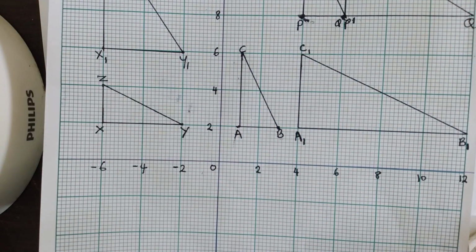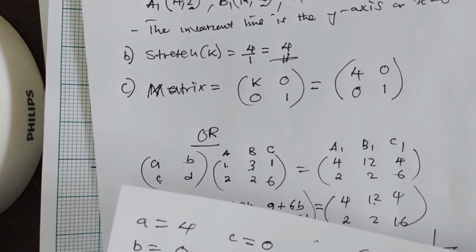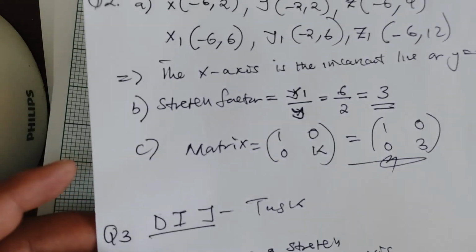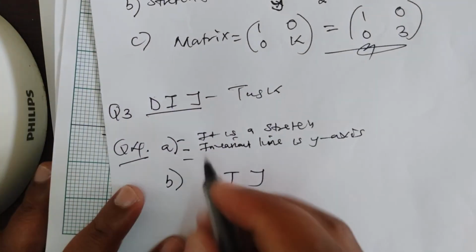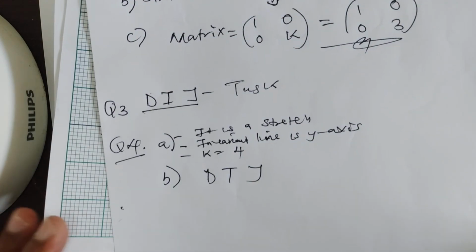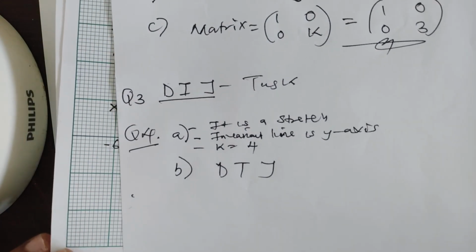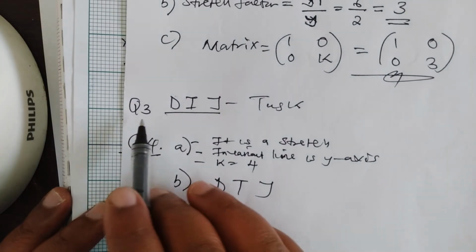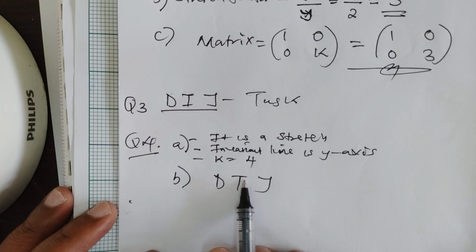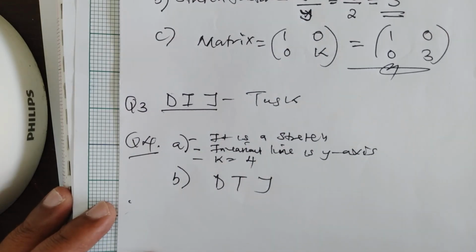Actually, we already found it here, but if you are doing it for the first time, you're supposed to find it. So the stretch factor k is equal to 4. It means you have fully described that one. That's how you're going to do that. For your exercise, you do question 3 and 4B. Thank you so much.